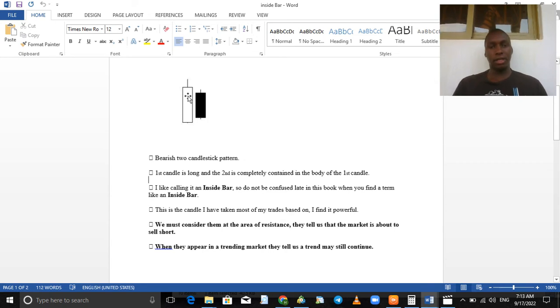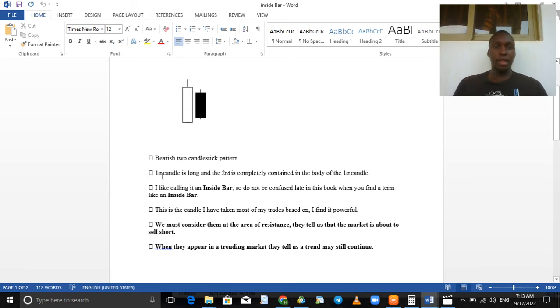Prices open from here and close from here. The second candle, on an hour time frame, opened from this price and closed on this price. The second candle is inside the first long bar candle.